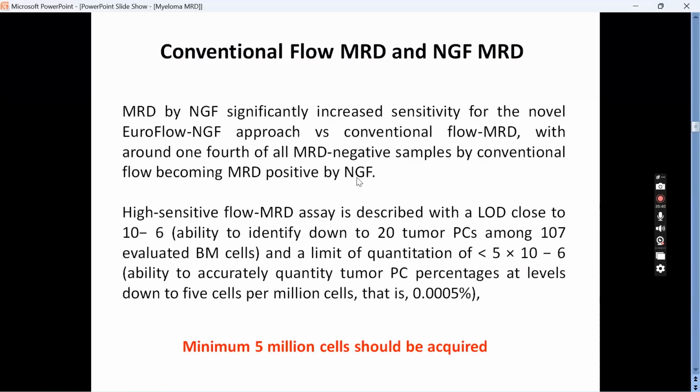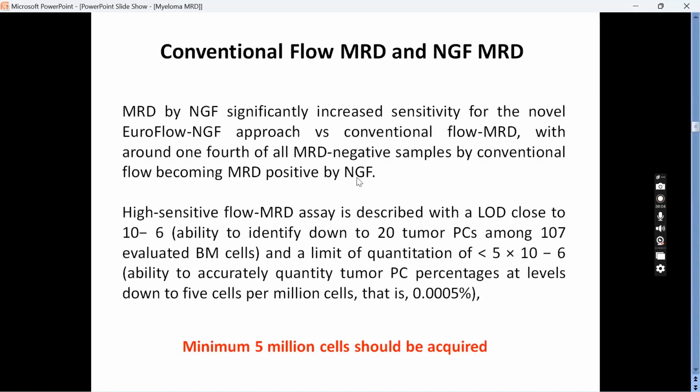So most likely by acquiring more events, cases which were found to be negative by conventional flow turned out to be positive. Or to put it the other way, when you call an MRD negative by acquiring 1 million events, still the same sample can become MRD positive when you acquire 5 million events.